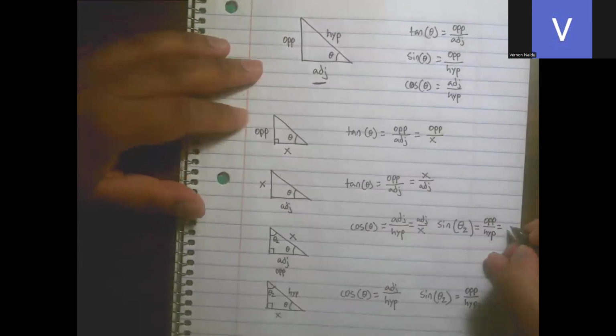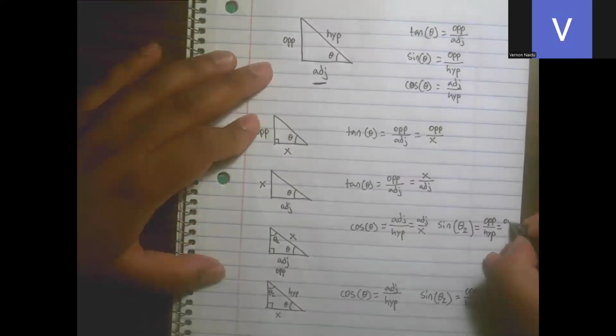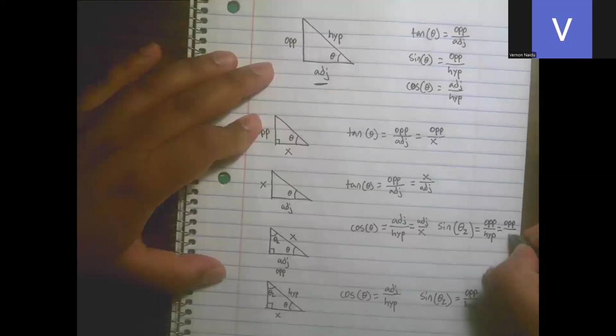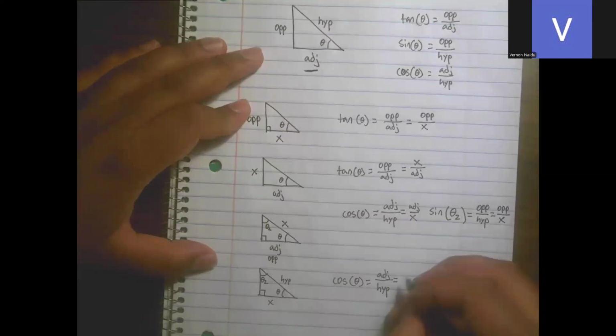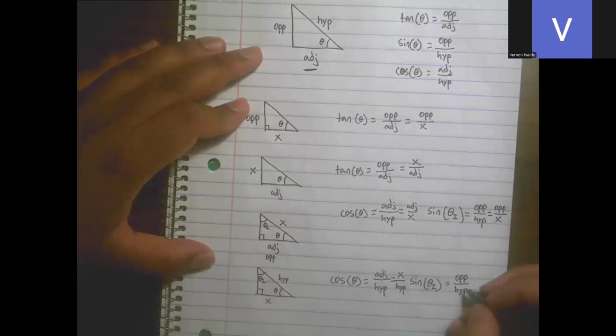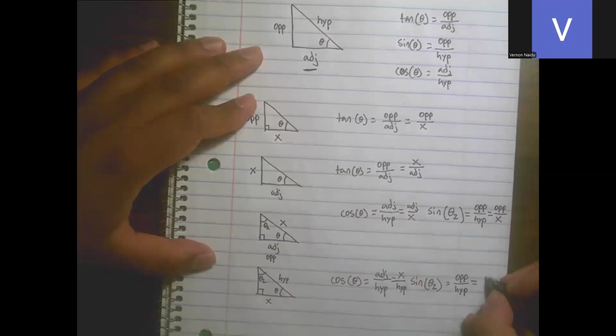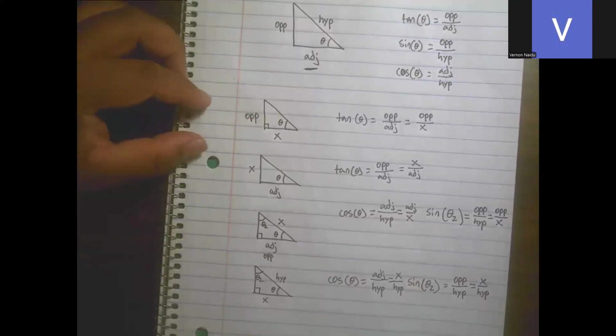This is the opposite side over x. This is x over the hypotenuse. And this is x over the hypotenuse as well. Okay. I think that covers just about everything, at least in kind of general terms.